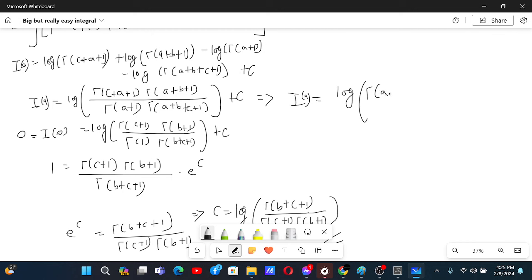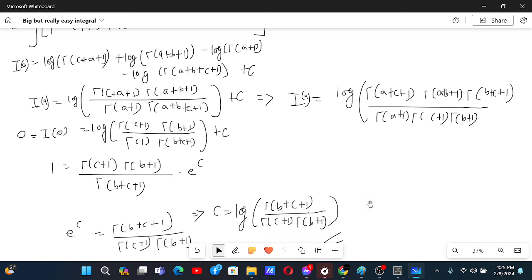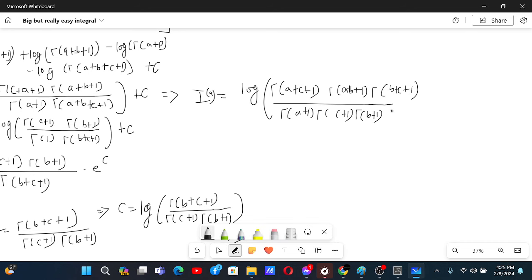So we have gamma of A plus C plus 1, and then gamma of A plus B plus 1, and then gamma of B plus C plus 1 from here, and then gamma of A plus 1, gamma of C plus 1, gamma of B plus 1, and then gamma of A plus B plus C plus 1.